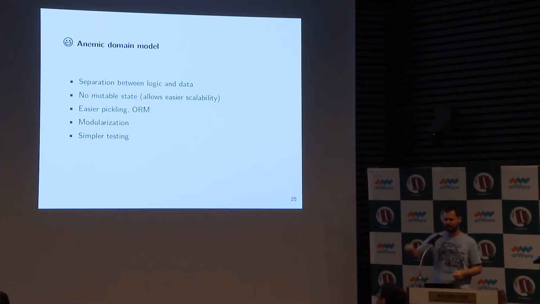You don't need to care about any other special conditions or validations. It helps us to modularize. We can put our logic and data somewhere else, and we can reuse them more deeply. And I also believe that they help us to test in a simpler way.